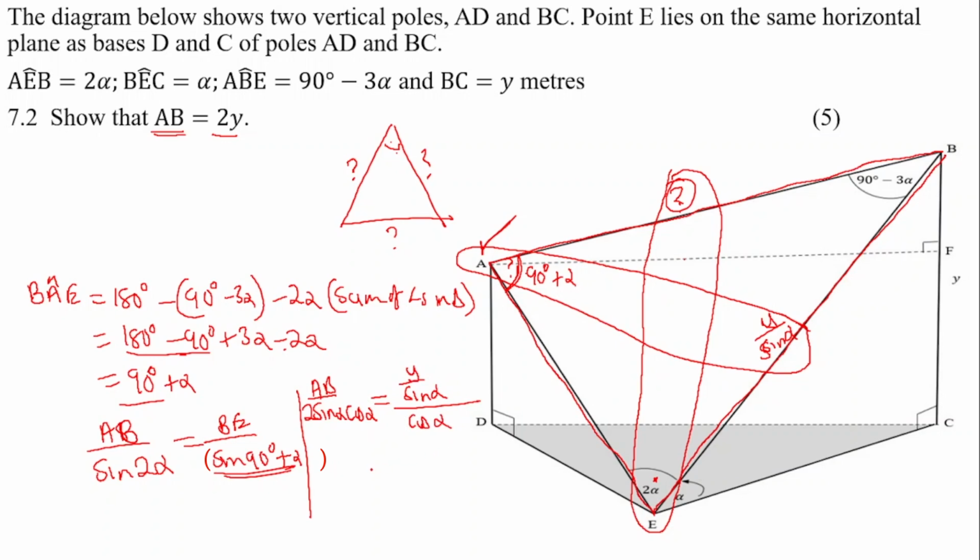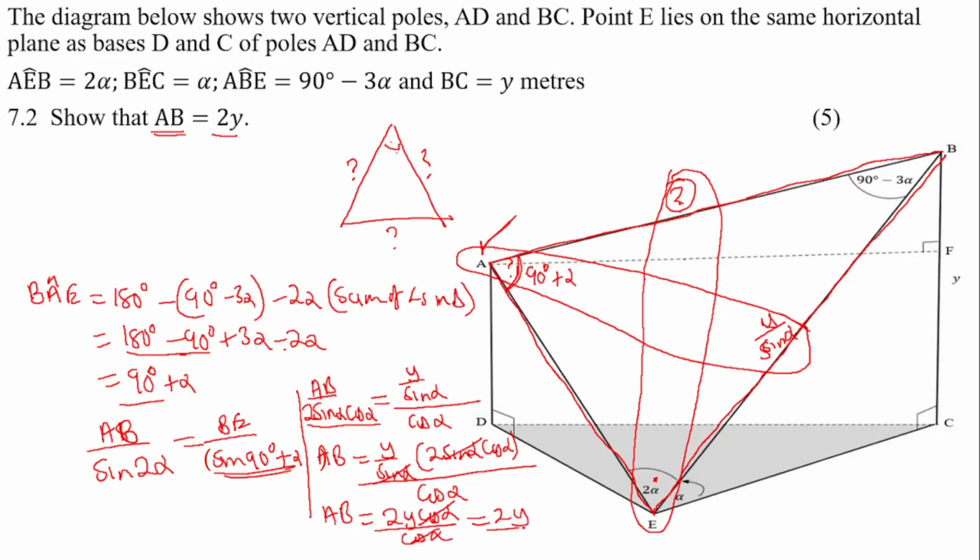AB is equal to y over sine alpha, times 2 sine alpha cos alpha, all over cos alpha. Sine alpha divided by sine alpha is 1, so we remain with AB equal to 2y cos alpha divided by cos alpha. Cos alpha divided by cos alpha is 1, so we remain with 2y. So we've managed to show that AB is equal to 2y.